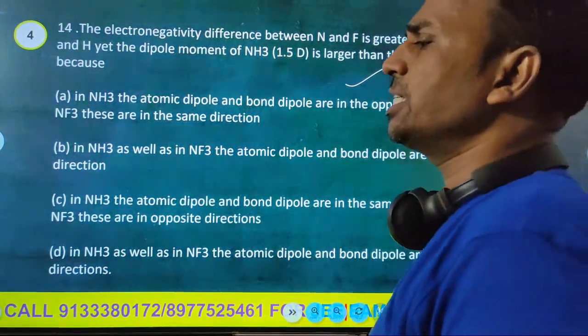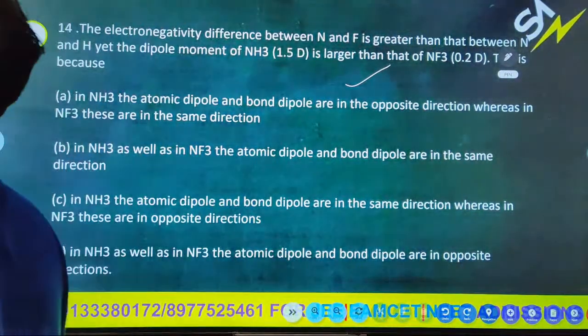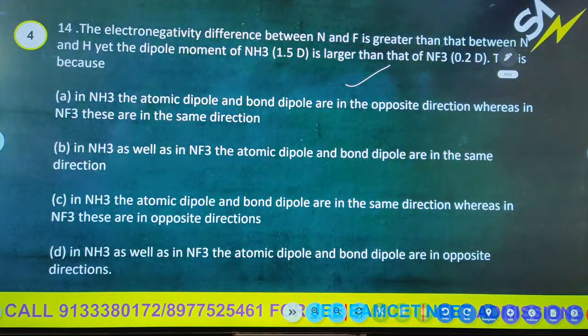So here we have to understand the question. This question is like a description. First you read the question once again and understand it.